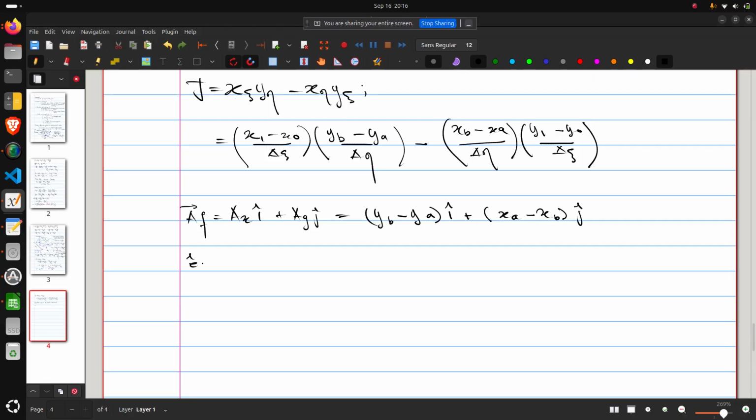The other term is this one, which we had defined as i cap x1 minus x naught plus j cap y1 minus y naught, divided by the magnitude of the distance, which is delta psi. Okay, till now it is clear, right? I hope it is clear to everyone.